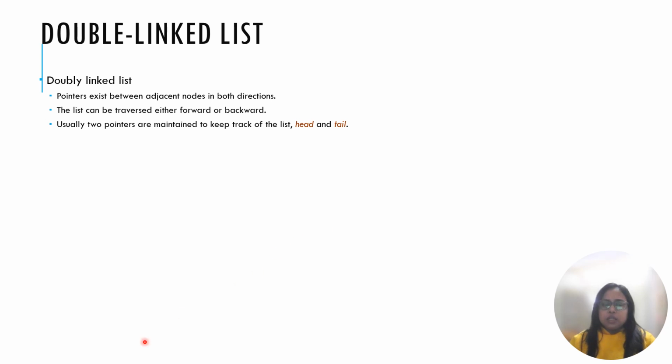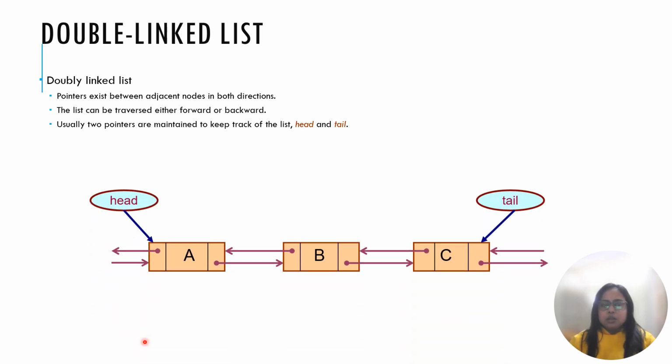But in a double linked list, there will be two pointers. Here, see, this is the structure of the double linked list, with three sectors. In the middle there will be data. This is the previous pointer, which will point to the previous node, and the next pointer will point to the next node. So every node will have two pointers, and the list will look like this.